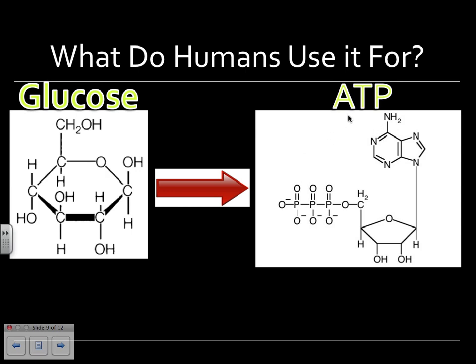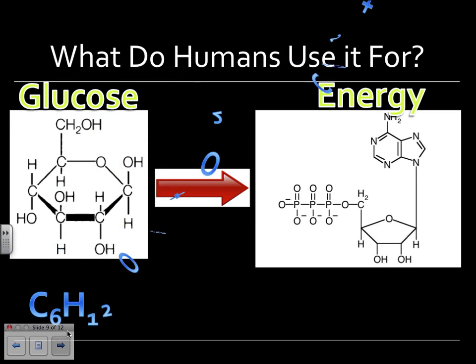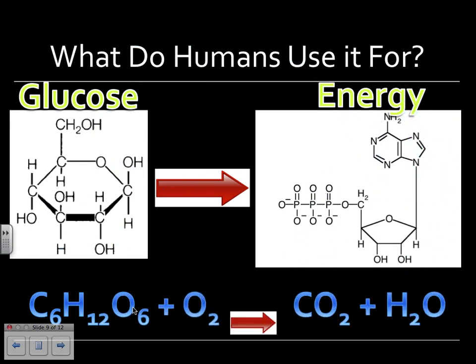So ATP is an energy molecule that animals can use. And again, they get this molecule from glucose. So they use glucose, C6H12O6, and through a process, they convert it into energy, or ATP, for themselves.